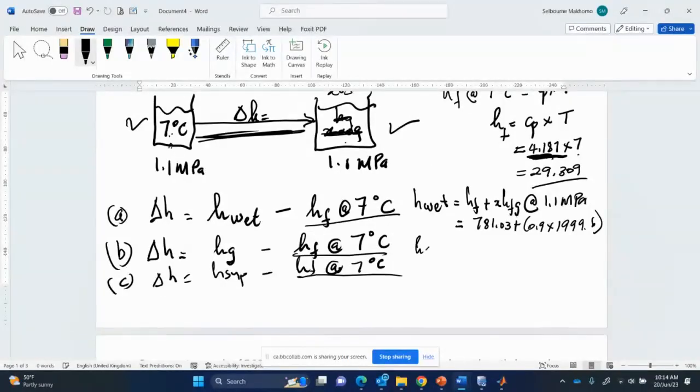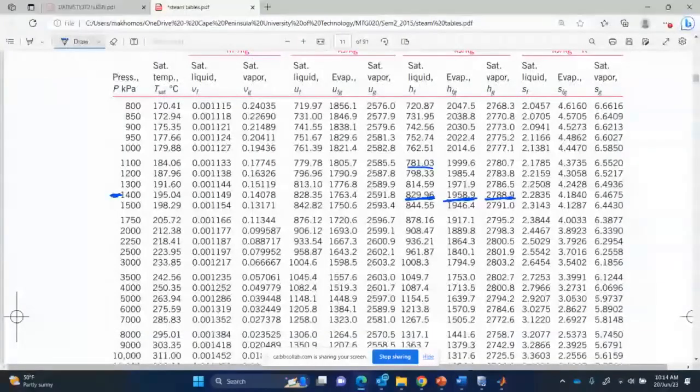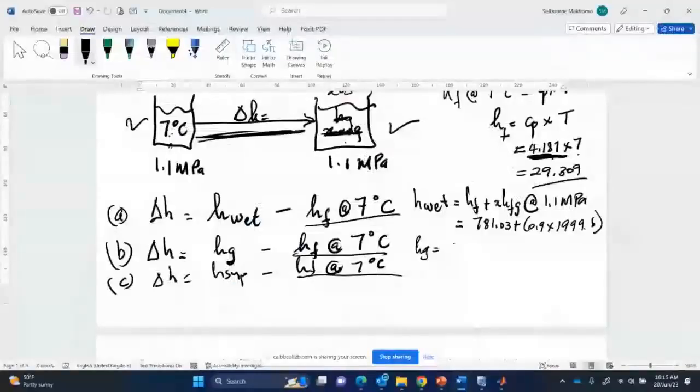Now HG at 1100 kilopascals, HG is 2780 kilojoules per kilogram. So what you need to do, you take this, you deduct that, you'll get the answer.